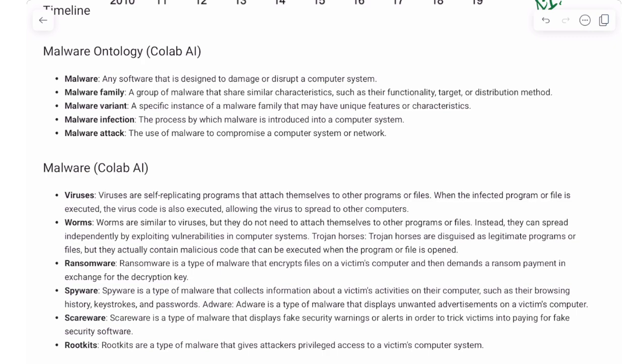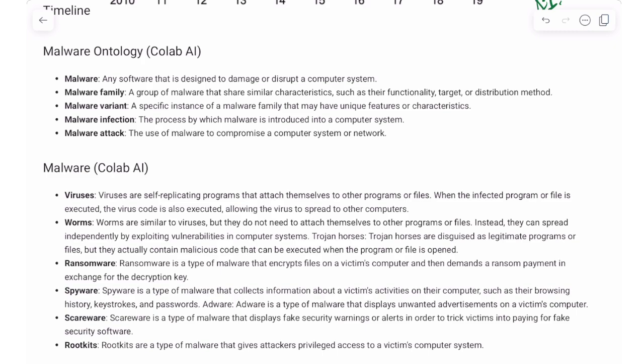So basically, there's a concept called malware family. The malware in the same family share similar characteristics, for example, their function name, their functionality, their target. For example, they try to steal your information, steal your email, steal your credit card number, something like that.